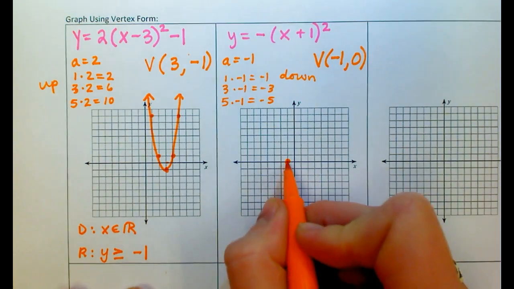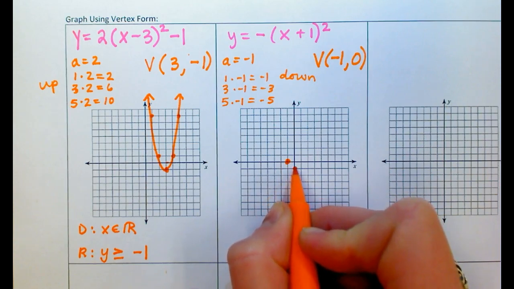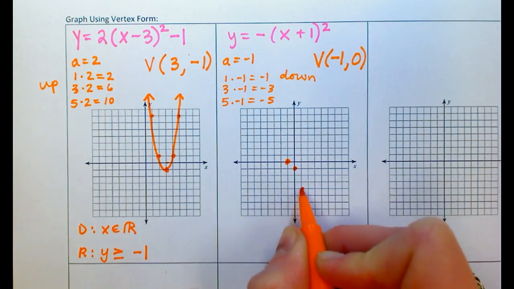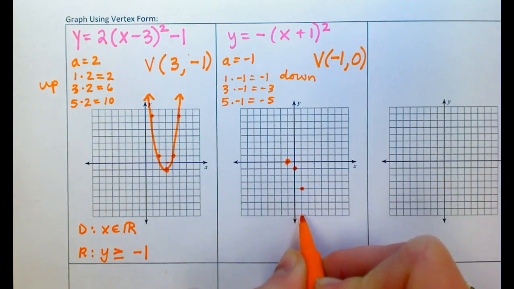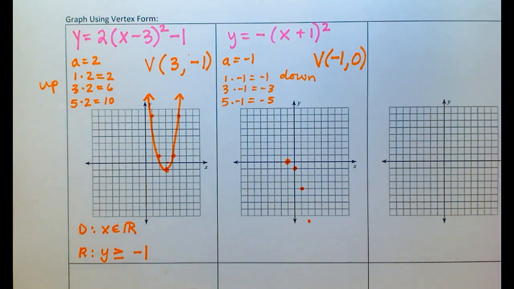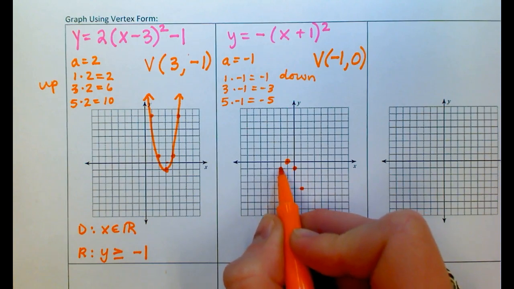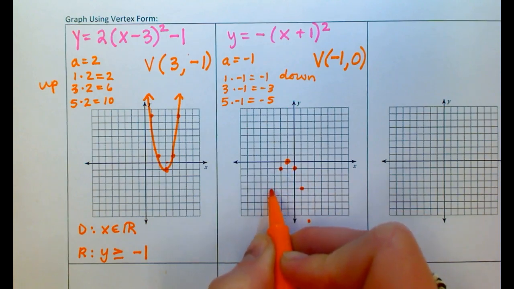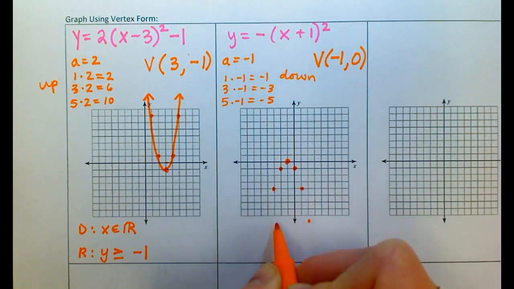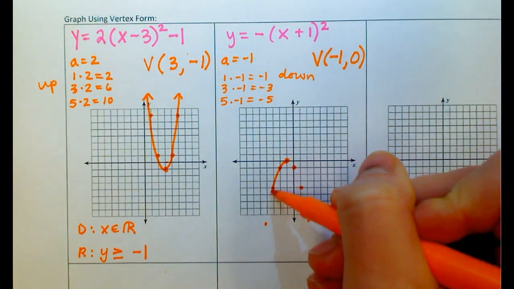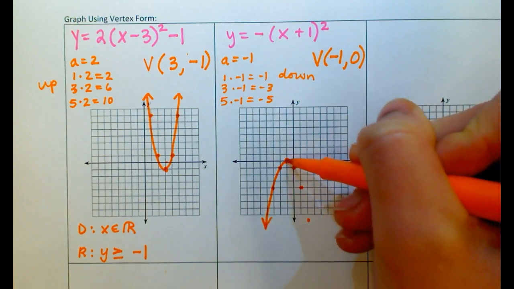So from the vertex, my first pattern is down 1 over 1, down 3 over 1, and down 5, almost fit on there, that's okay, over 1. And then I'm going to do the same on the other side: down 1 over 1, down 3 over 1, down 5 over 1. And then I can connect my points in a smooth parabolic curve.